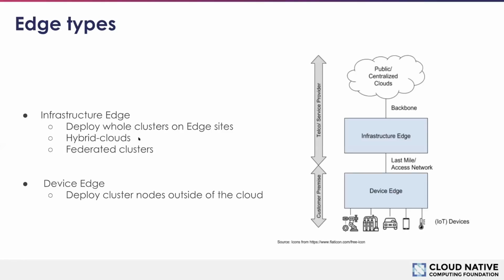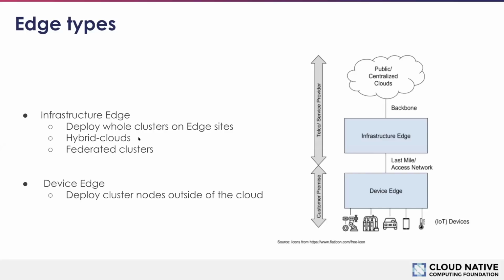So the next typical question is, everybody's saying edge, thinking about different things. So I think it's important to distinguish what edge means to different people, and here usually you can divide things into two separate categories.